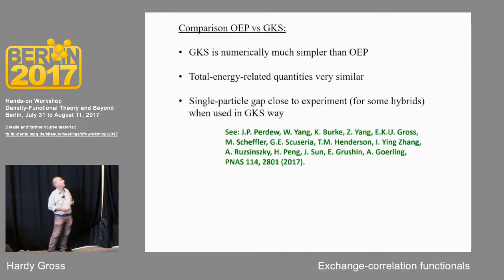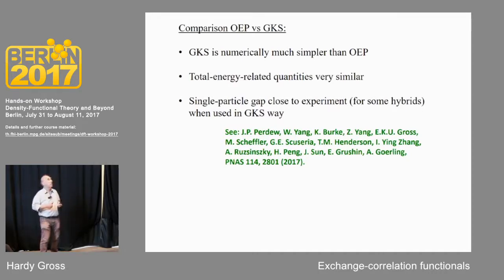And not only that, so this is what I wrote down here. In addition, it has one big advantage, the generalized Kohn-Sham scheme, namely, the single particle orbital energies give you good gaps. And one can understand why this is the case.